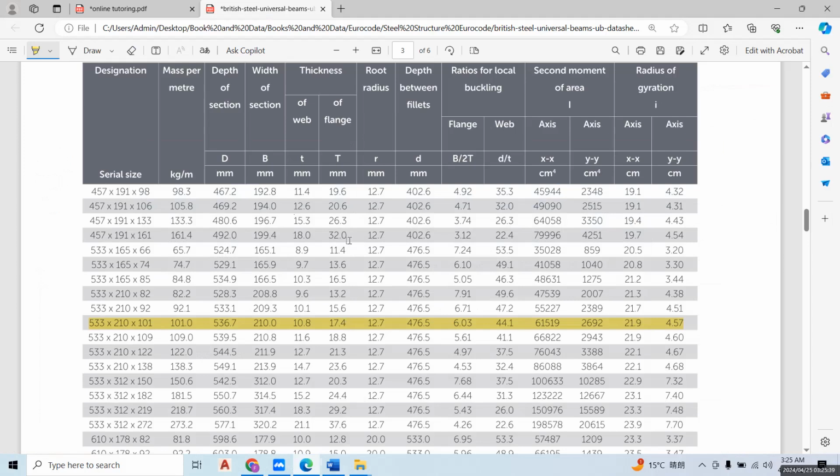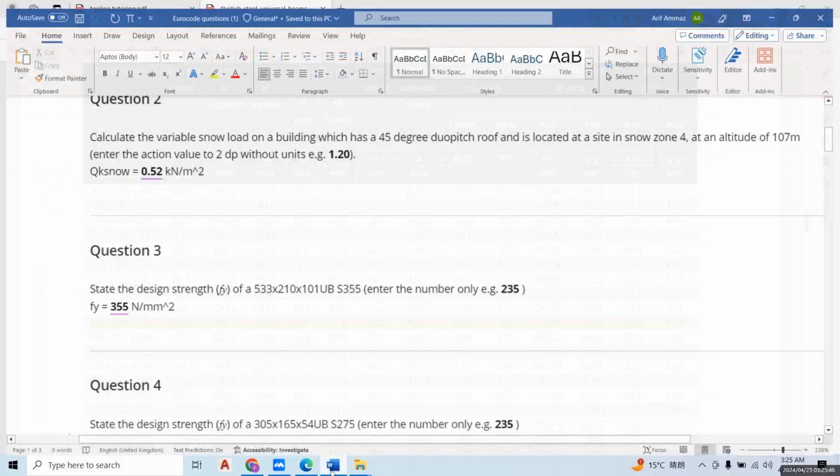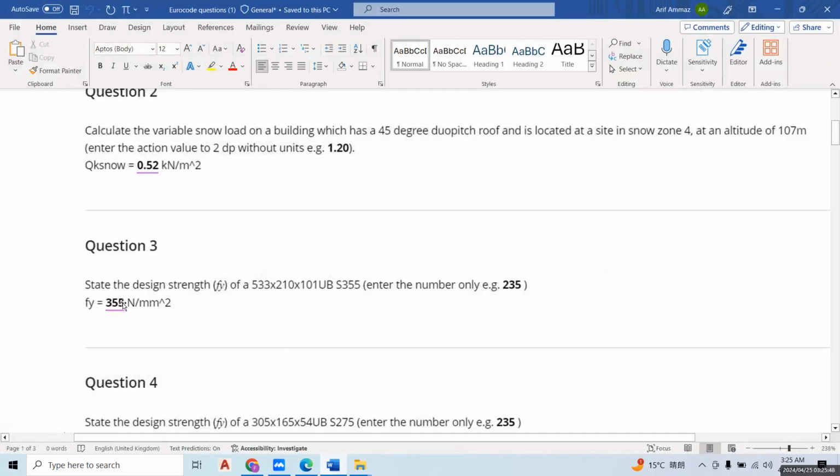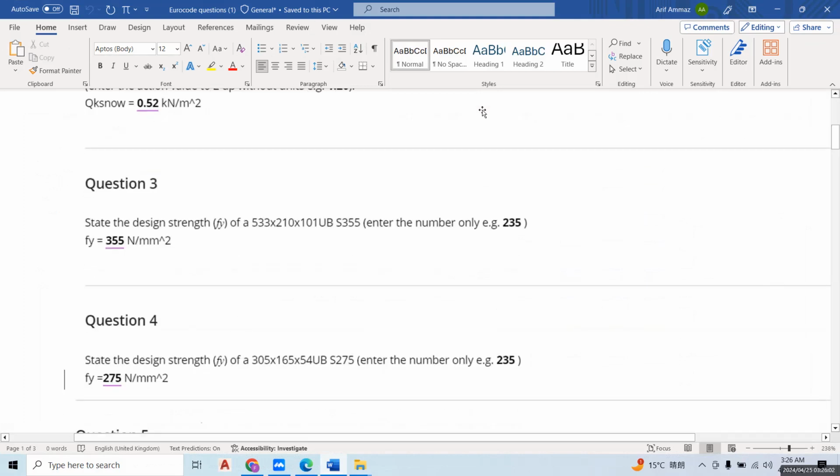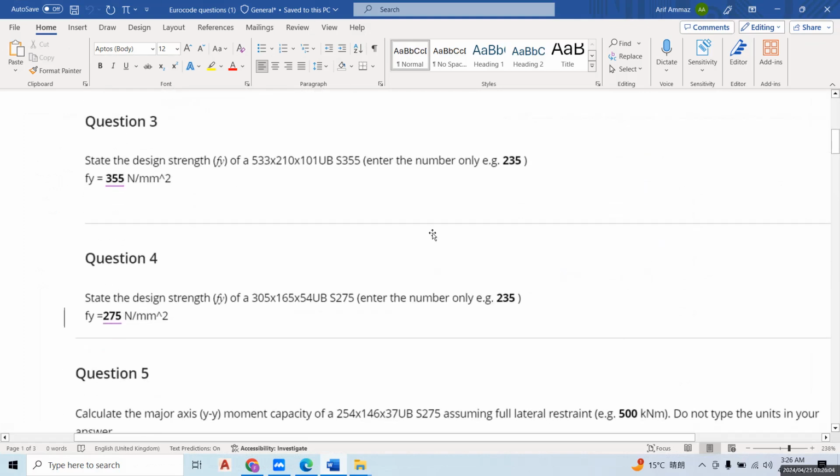So the thickness of flange exceeds 16 mm. So what is your value? Then your value is 345, not 355. This is wrong. So your value is 345. You can also see this from the table that I have sent to you.